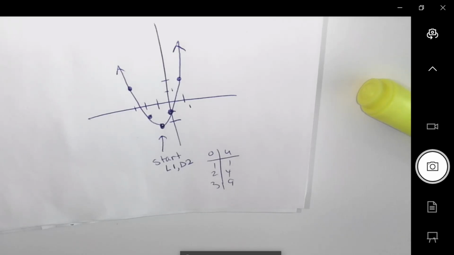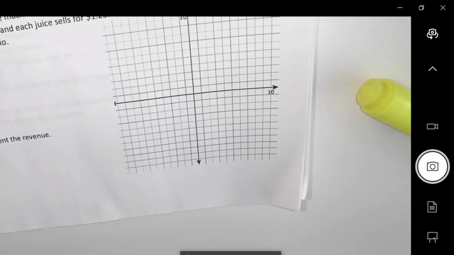Okay, I did the basic 1, 1, 2, 4, 3, 9 pattern to get a few more points there. Okay, last page.